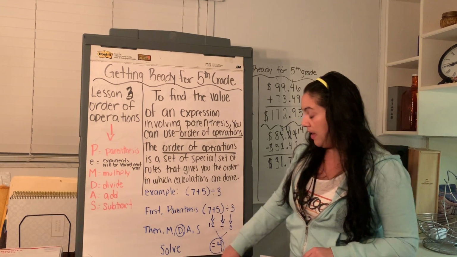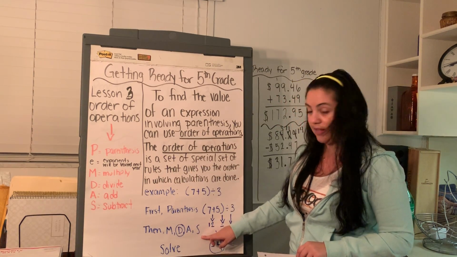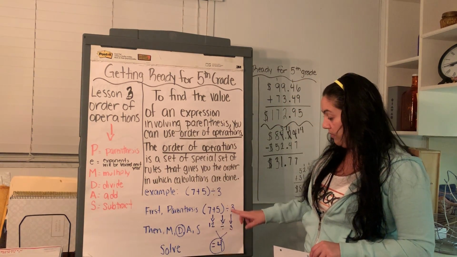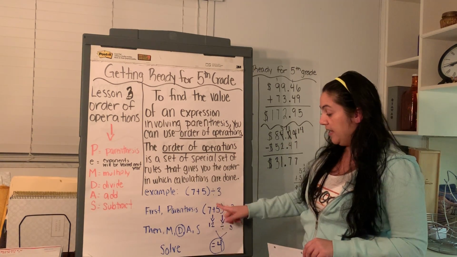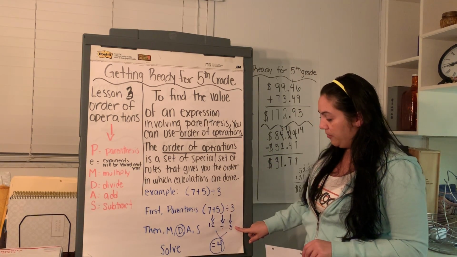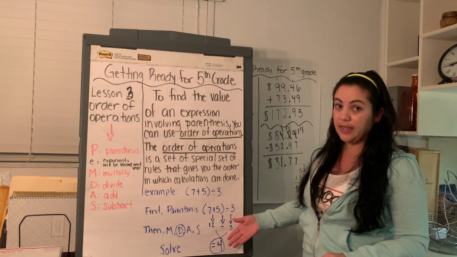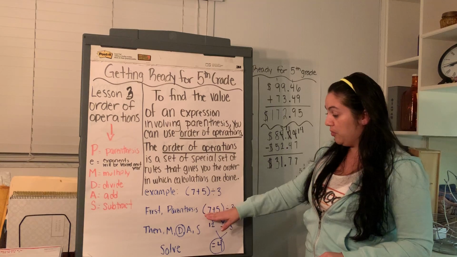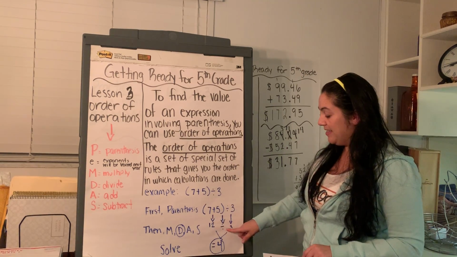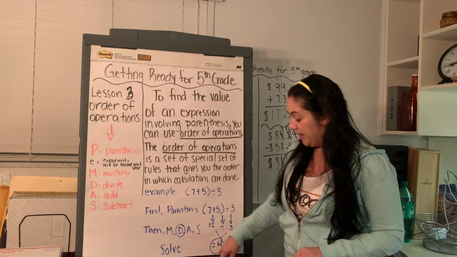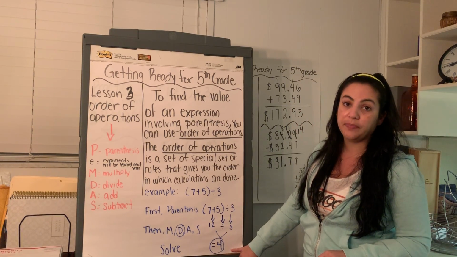Now my next step is either to multiply, divide, add, or subtract. I bring down the rest of my equation, and I see that I have 12, the answer from the parentheses, divided by 3. I'm only left with one calculation to be done. So it's as simple as that. Do the parentheses first, and whatever I get from the parentheses, I then divide by 3. When I solve 12 divided by 3, my final answer is 4.